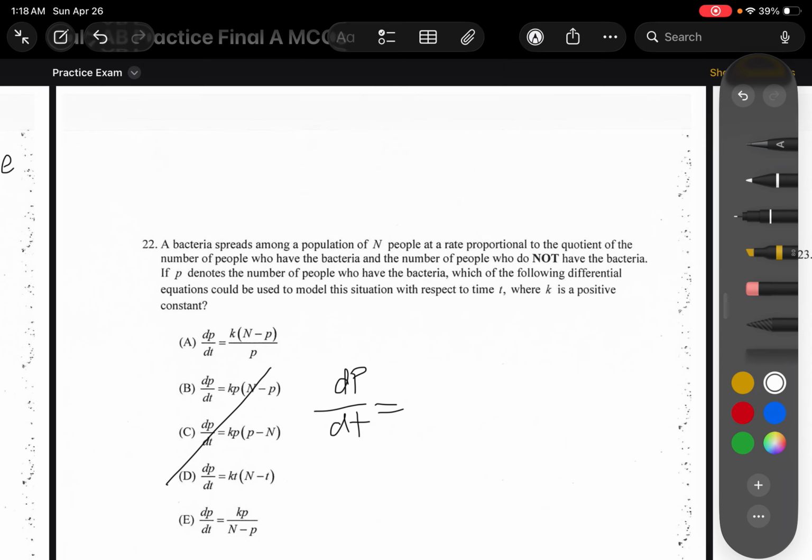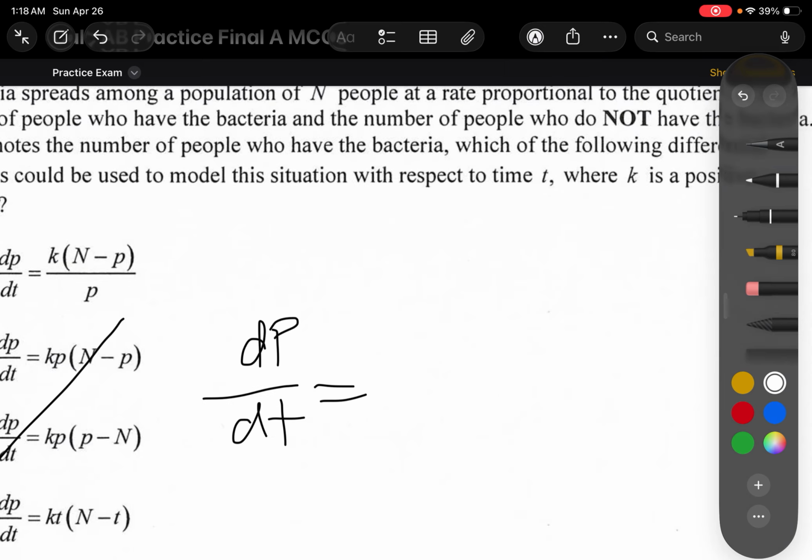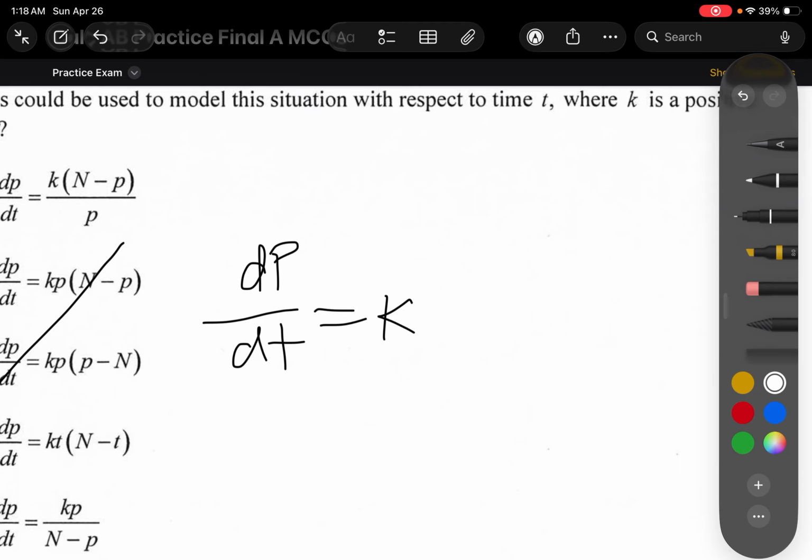In this case, rate is represented by K. For me, this is a chemistry reference. K is going to be multiplied by the quotient of people who have it and people who don't have it.